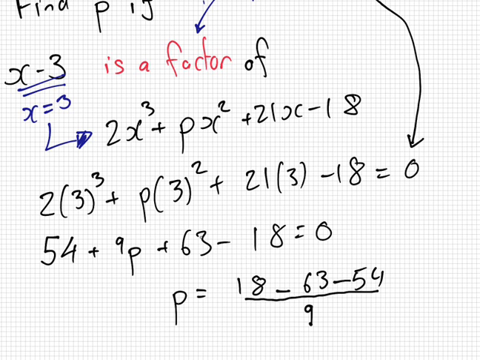I'm taking the 63 over, it's minus, take the 54 over, it's minus, take the 18 over, it's plus, and the 9 goes under. What's that? Minus 11. So p is minus 11.